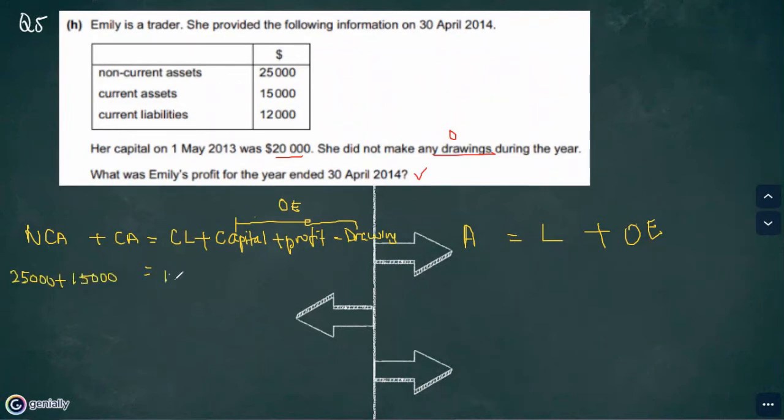Current liability would be 12,000 and capital would be 20,000. Profit we don't know, minus drawings is 0. So here we have 32,000 plus profit, and this one is 40,000. So profit should be 8,000.